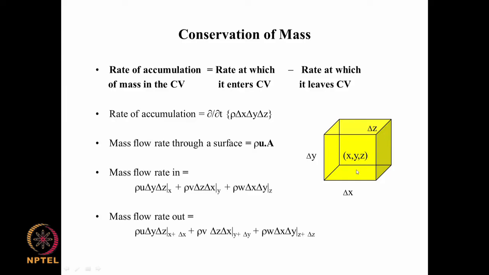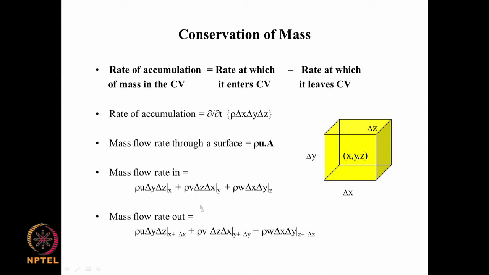If that is the case, then the flow rate that is going out has a velocity of u at x plus delta x, and this u at x plus delta x can be different from u at x. If it is different, then there is a differential amount of mass flow rate. Depending on whichever is greater, there can be accumulation.